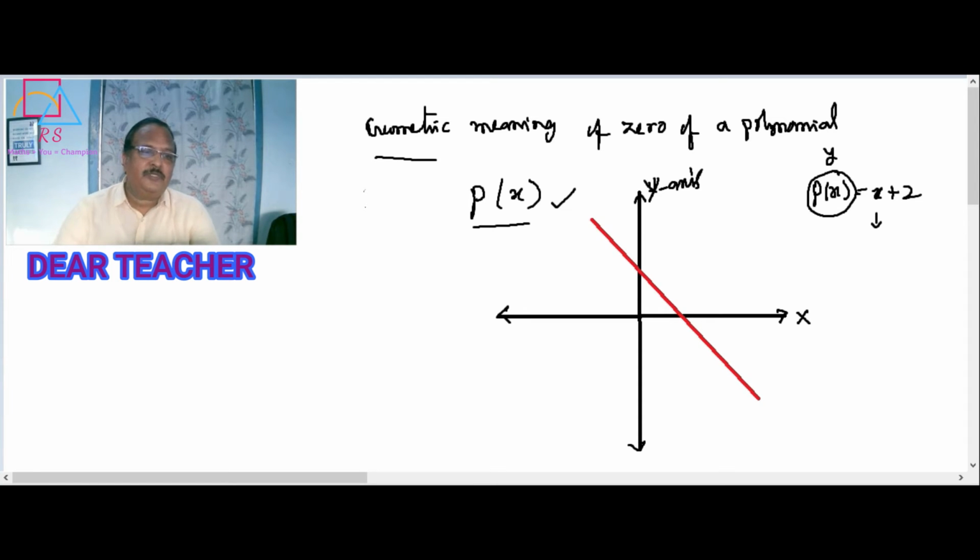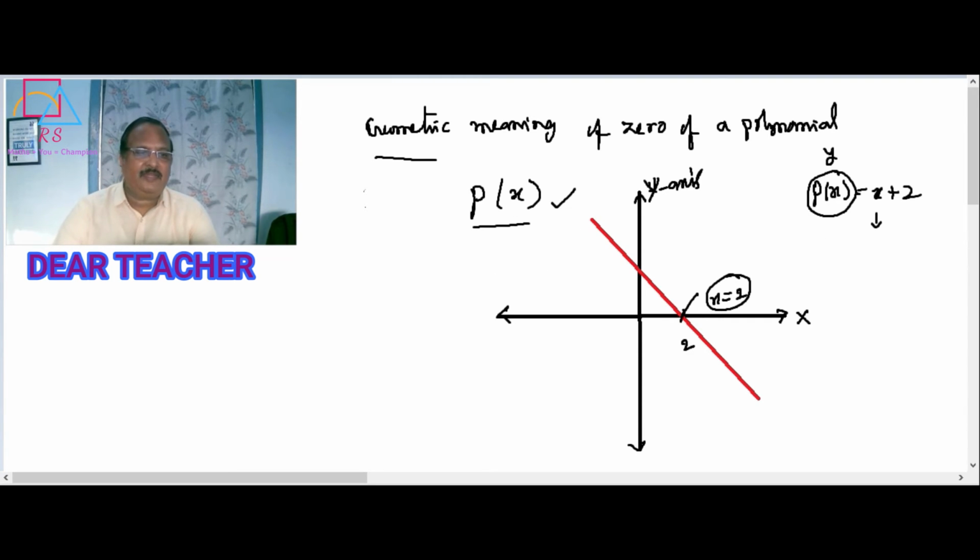Now it is intersecting at this point. Let us say, for example, this is 2. Then x is equal to 2 is the zero of this polynomial.